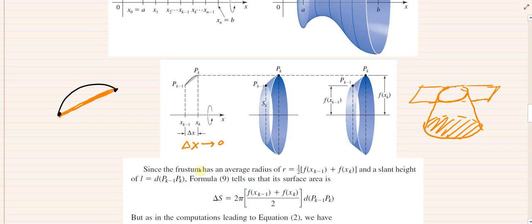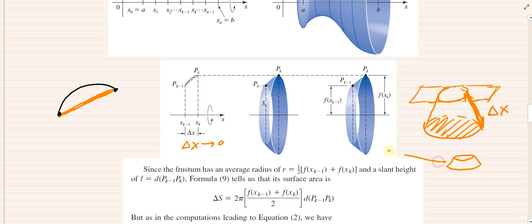Now, of course here my frustum, this is what the thickness of it is going to be. That's going to be delta x, the thickness here, which I've made very, very big. When you make delta x small, the frustum of a cone is actually going to look something like this. You see how that looks?